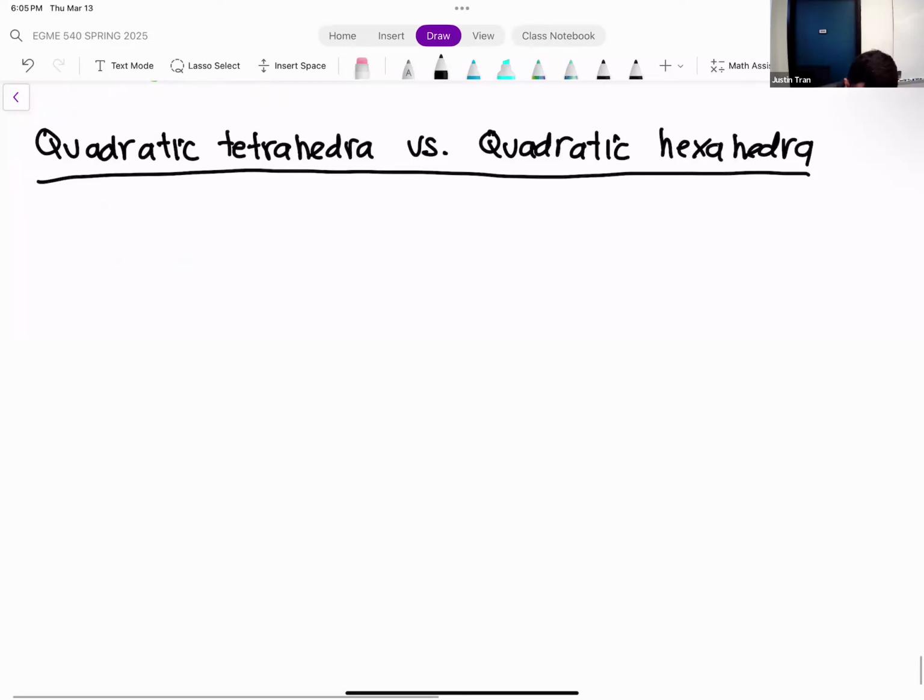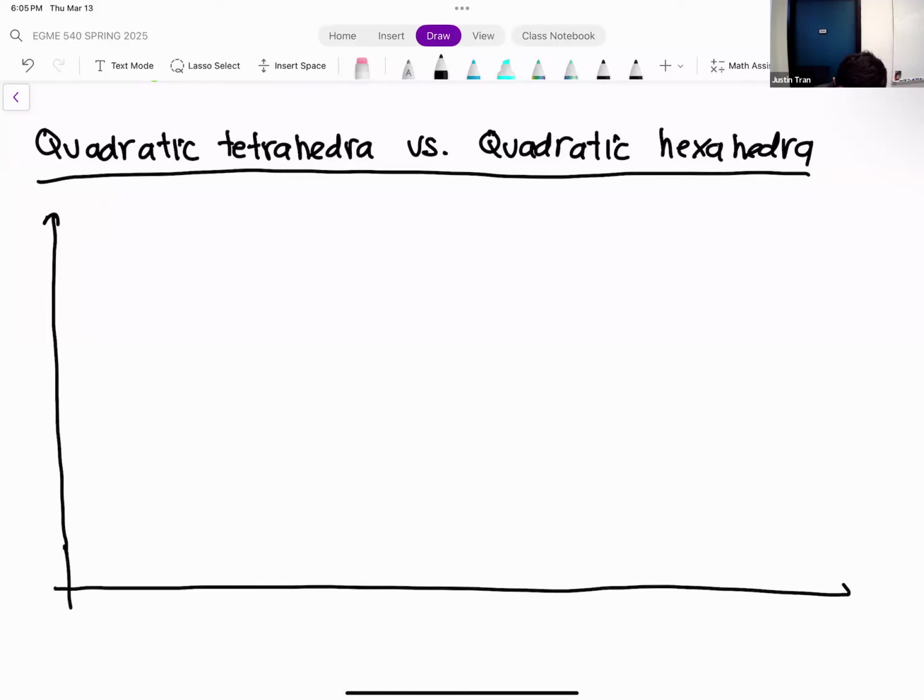Okay, so once again, let's go ahead and draw our mesh convergence plot. Horizontal axis here will be the number of elements. Vertical axis here will be the tip deformation.